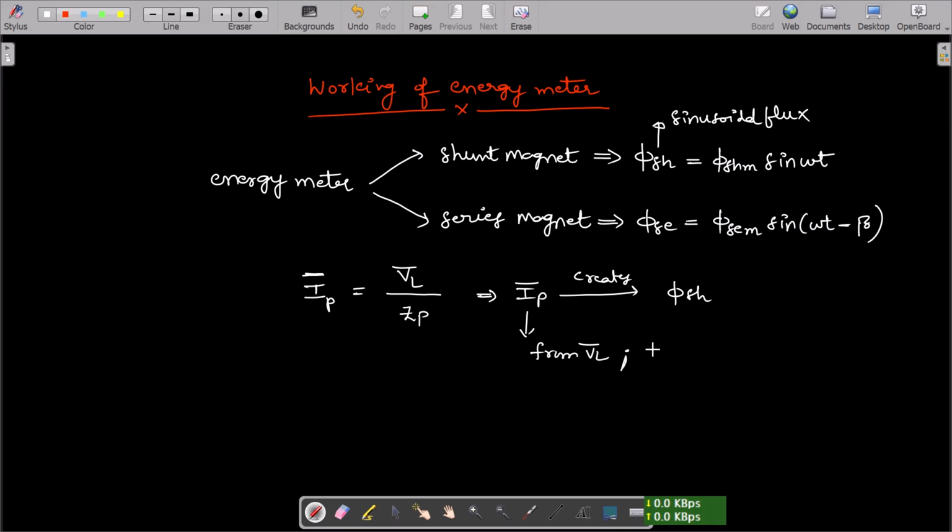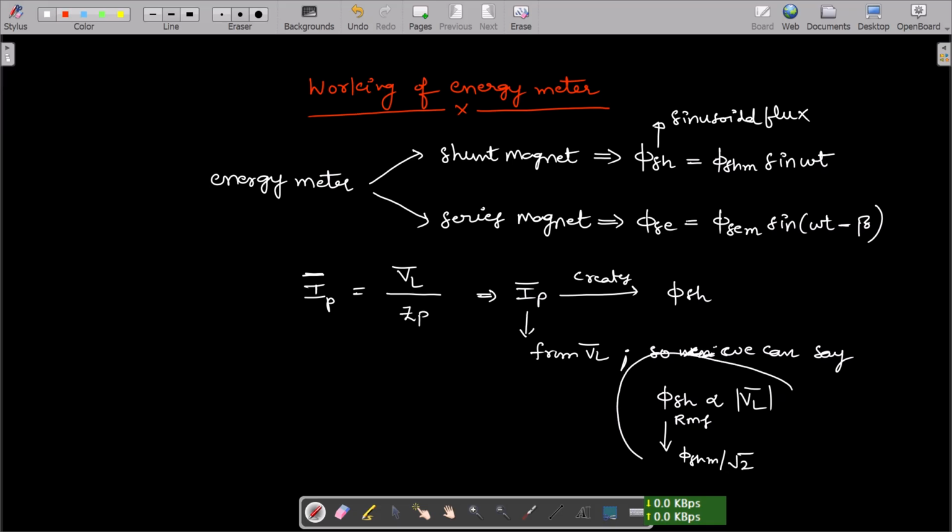So we can say phi sh will be proportional to the load voltage. The RMS value, phi sh RMS, which is phi shm divided by root 2, will be proportional to the load voltage RMS.